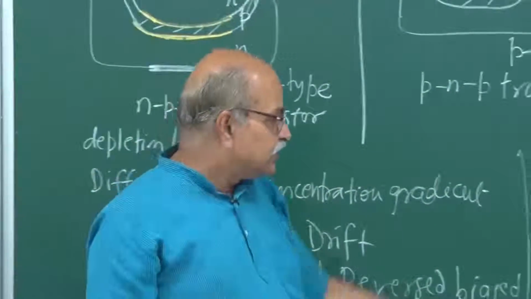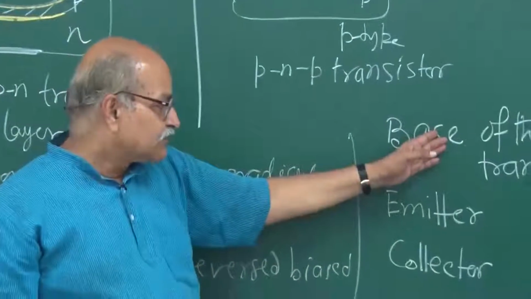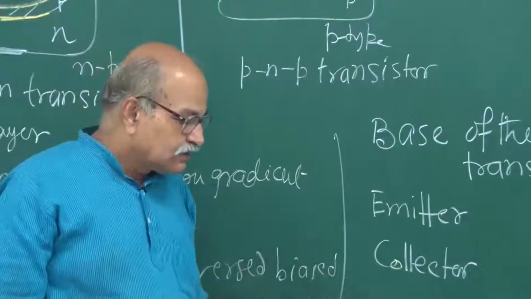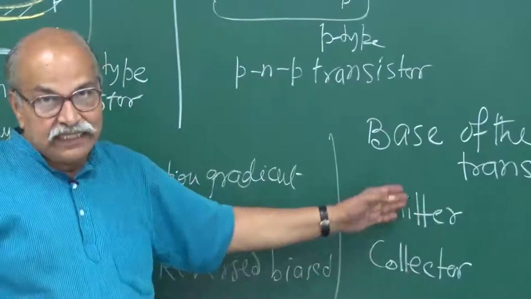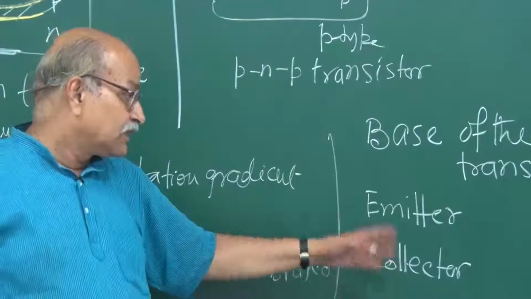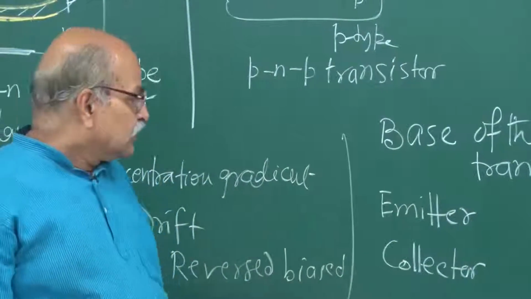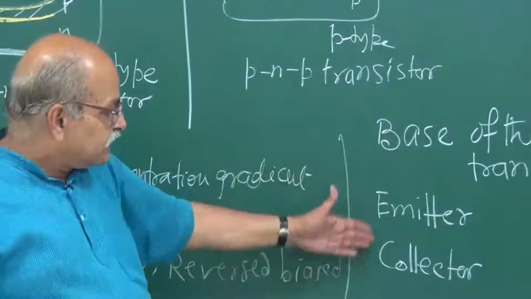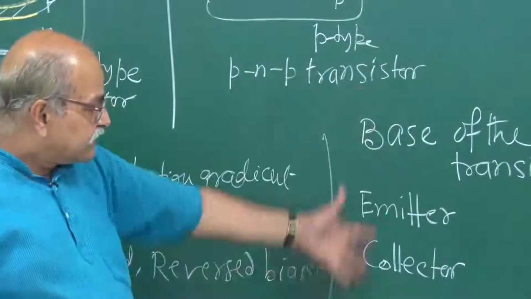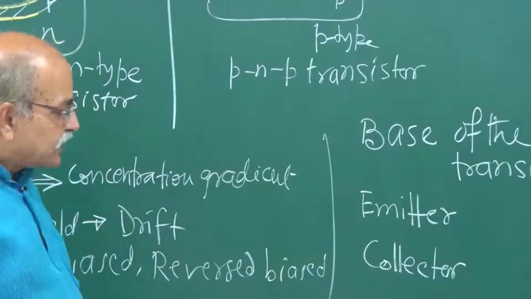What is the difference between these three? The base is sandwiched, and the other two are on the two sides and of the same kind, n-type, but there is still a difference. Three things are there, and each will have different characteristics.